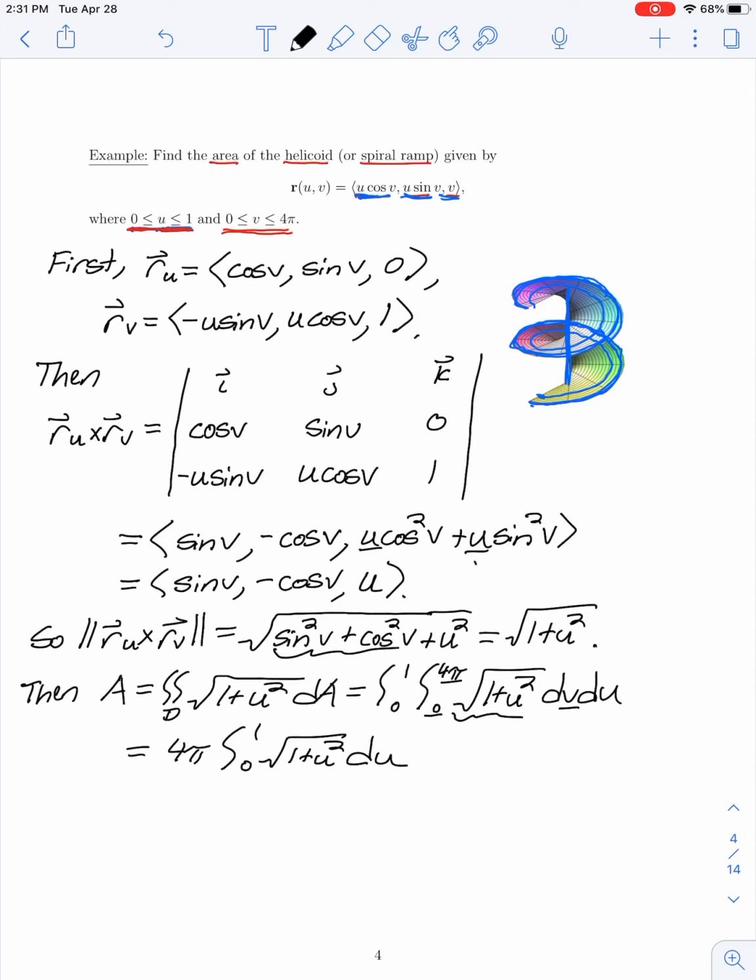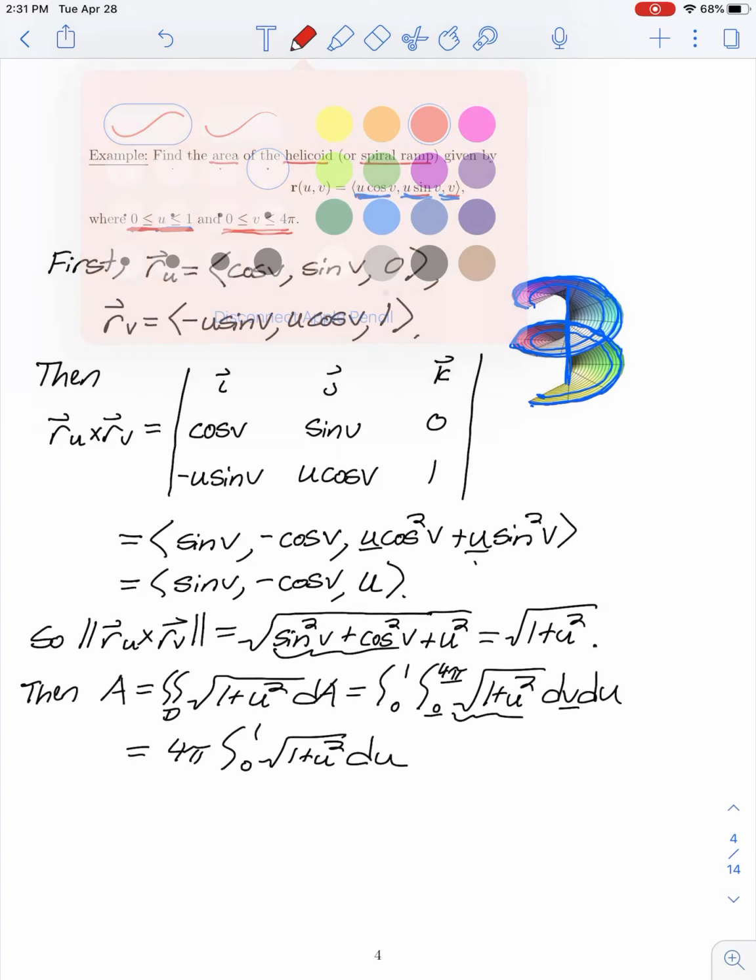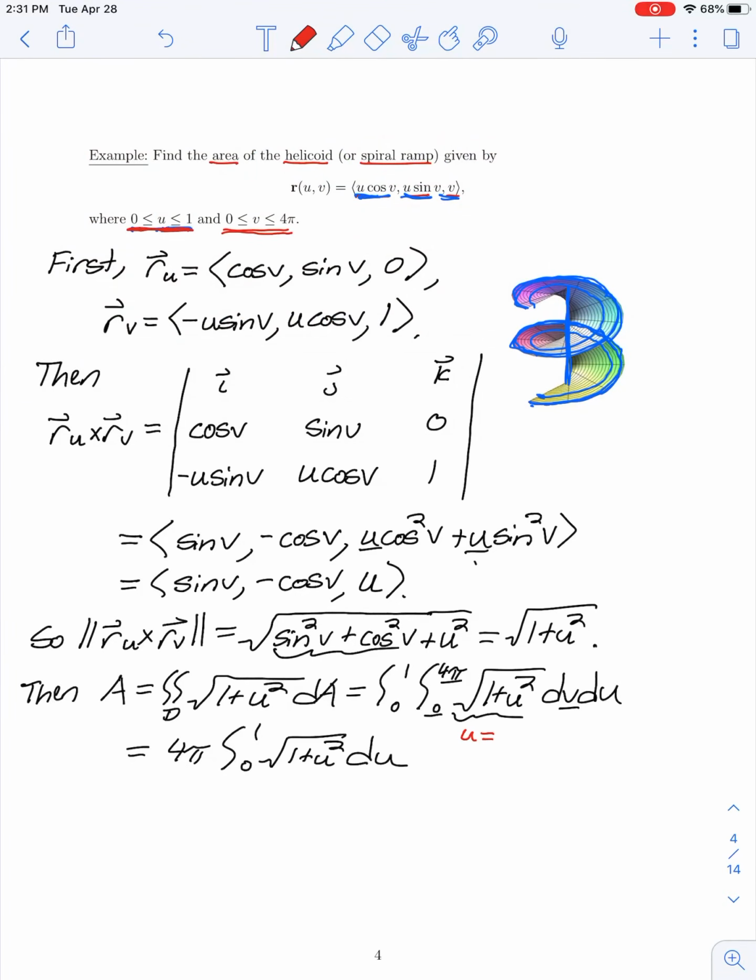We would let u equal 1 tangent theta, and du is then equal to secant squared theta d theta. Our square root of 1 plus u squared is then the square root of 1 plus tangent squared theta, which is secant squared. So the square root of secant squared gives us just secant theta.